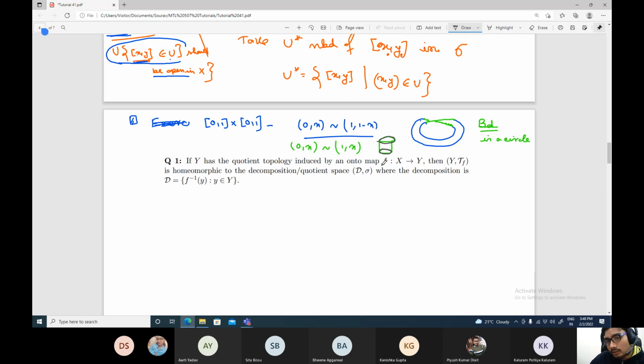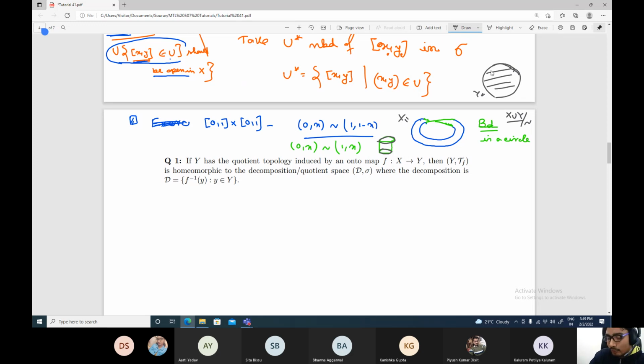Later, if in the next semester you take some course on algebraic topology, you will see that this gives you RP2. This is a complex where you have a boundary circle. On the other hand, you have a disk, right? The boundary of the disk is also a circle. Now if you consider this one as a topological space X and this as a topological space Y, you take X union Y, give some topology there, and take the identification of this circle with this circle.